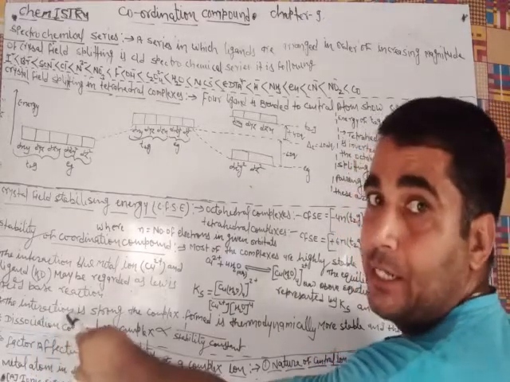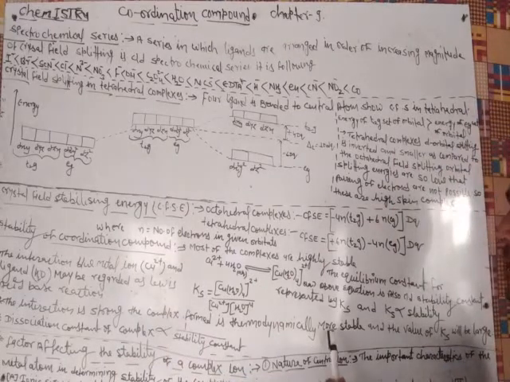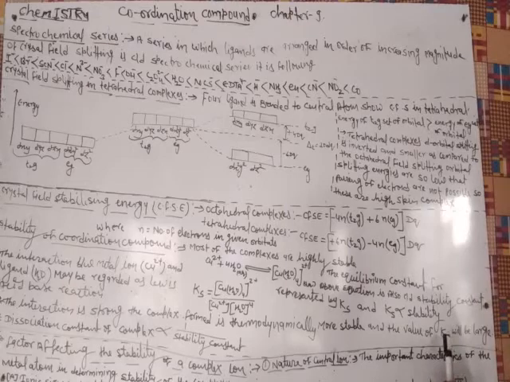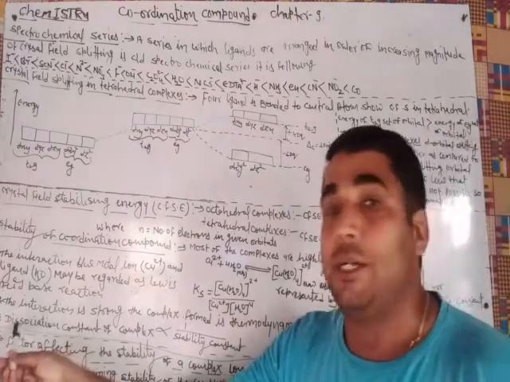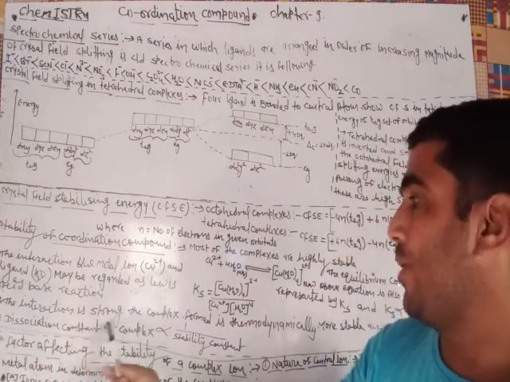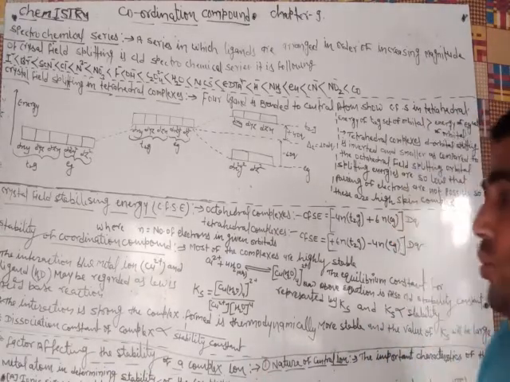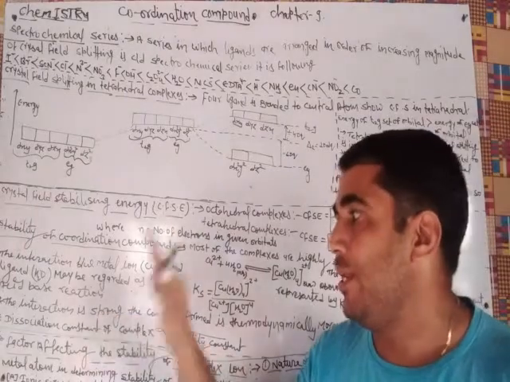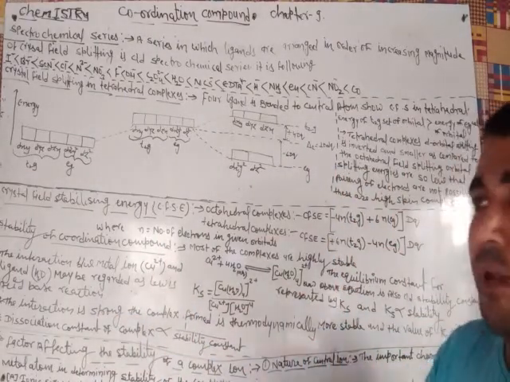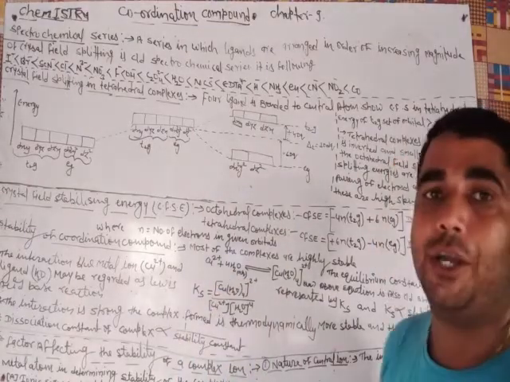If the interaction is strong, the complex formed is thermodynamically more stable, and the value of the stability constant Ks will be large. An important point: the dissociation constant of a complex is inversely related to the stability constant. When dissociation increases, the stability of the complex decreases, and the stability constant also decreases.